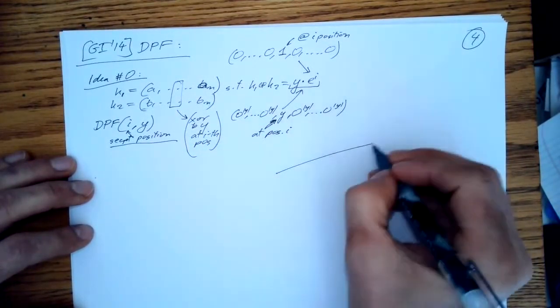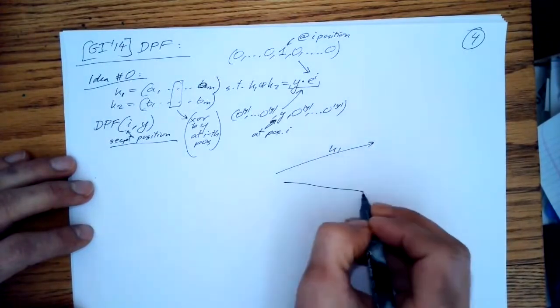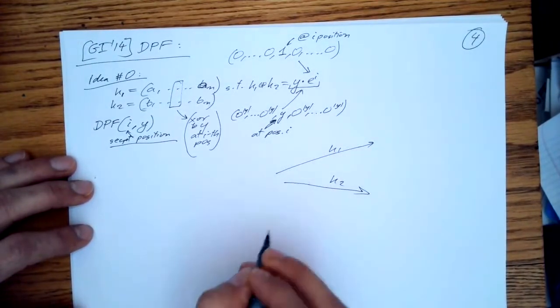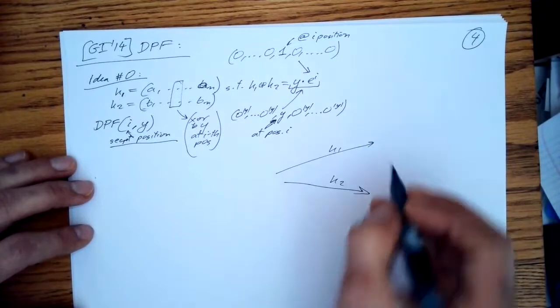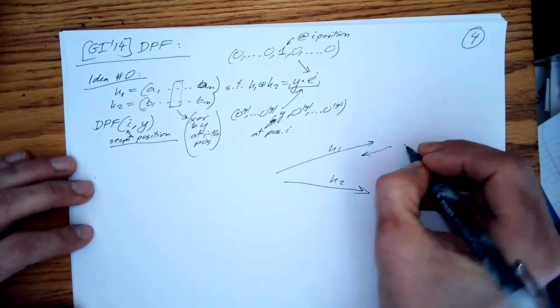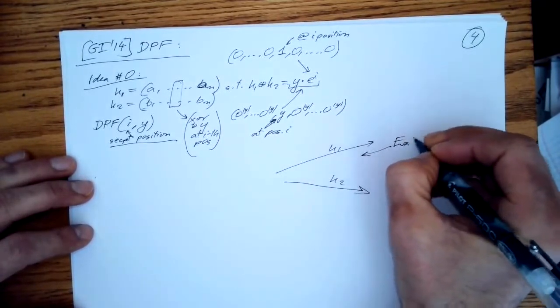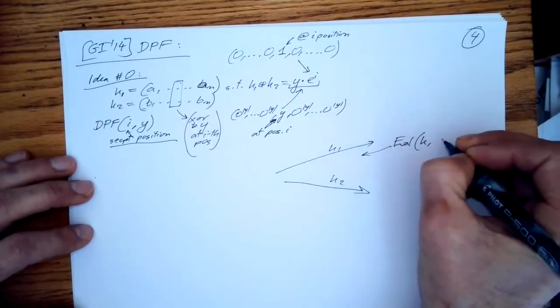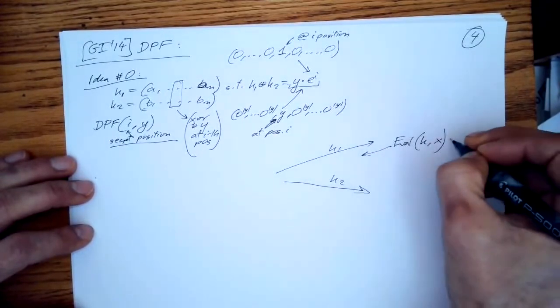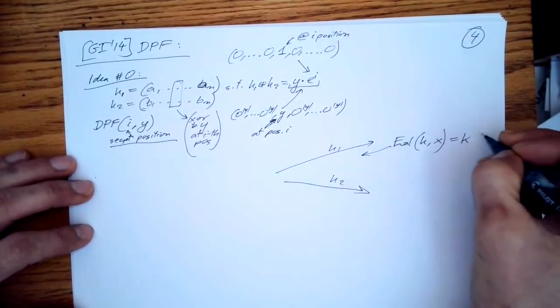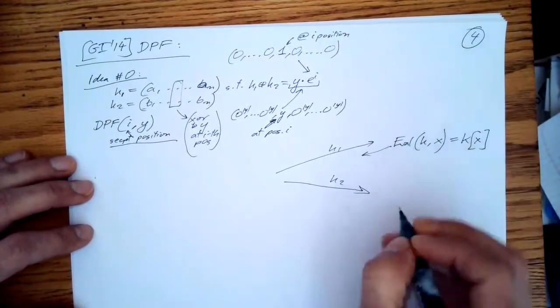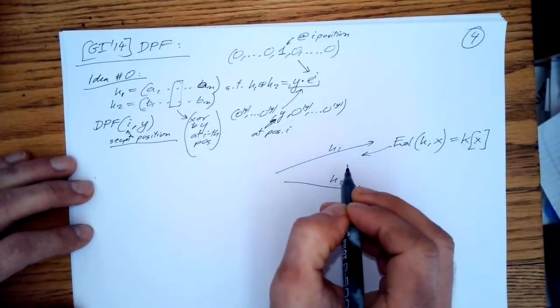And send these keys to the two players, and the eval at key K and place X is just the X place in the key, right?